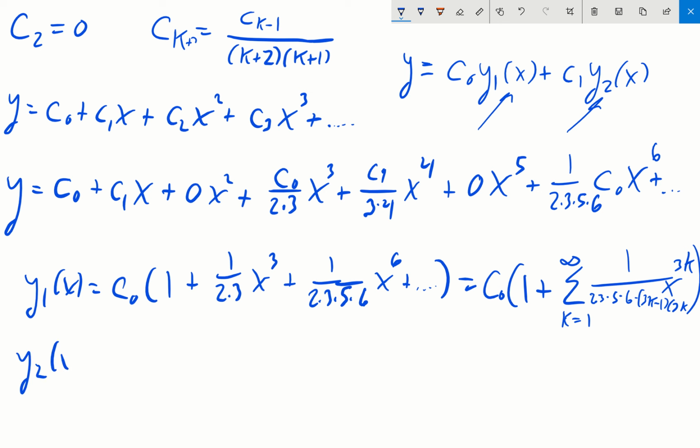And then that second solution would be the ones that have the C1 in it. If I factor anything out that has C1 in it, we get x plus this one here, which would be 1 over 3 times 4 x to the 4th.